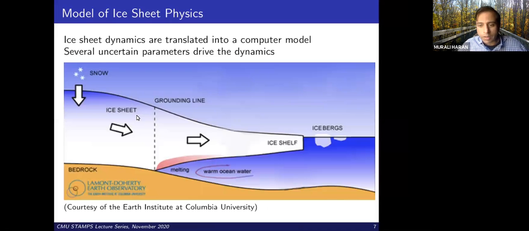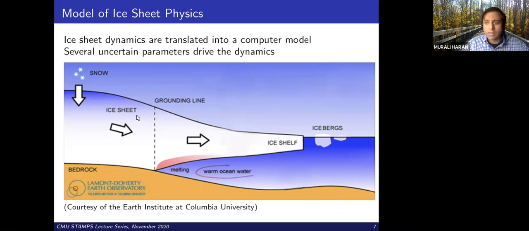Before I go any further, I should begin by giving you a quick glimpse of what an ice sheet model has to handle, the kind of physics you'd have to think through. This is a nice cartoon stolen from the Earth Institute at Columbia.